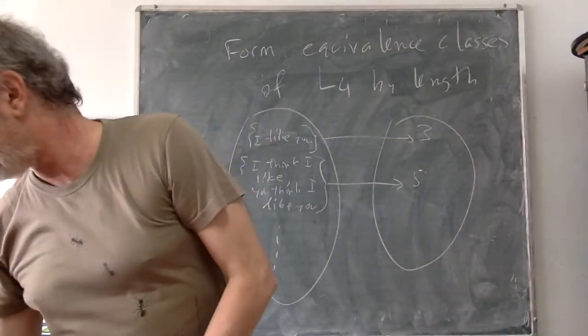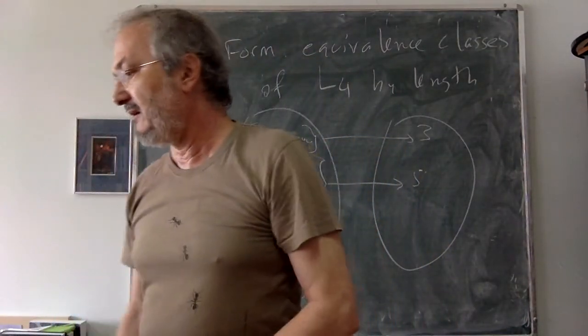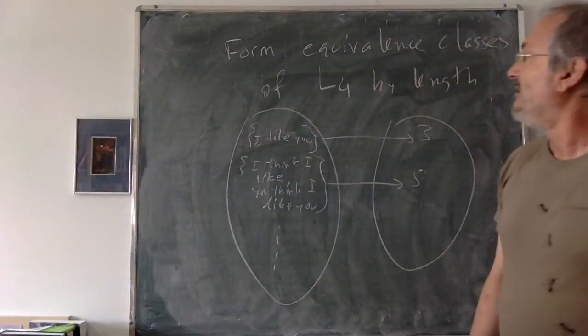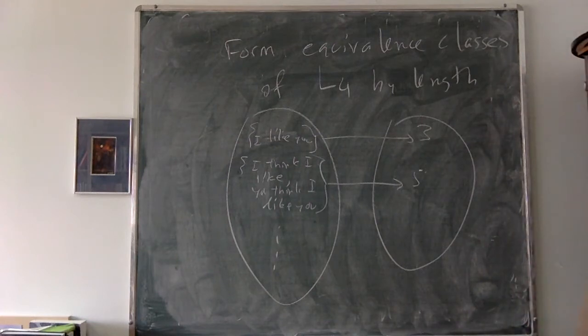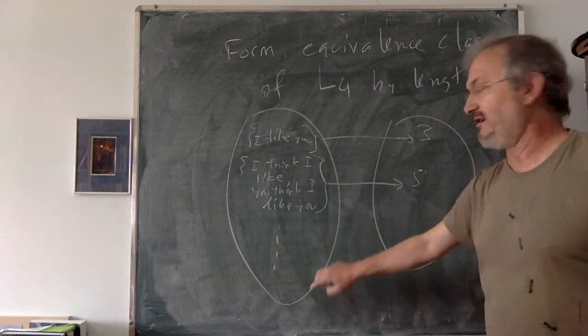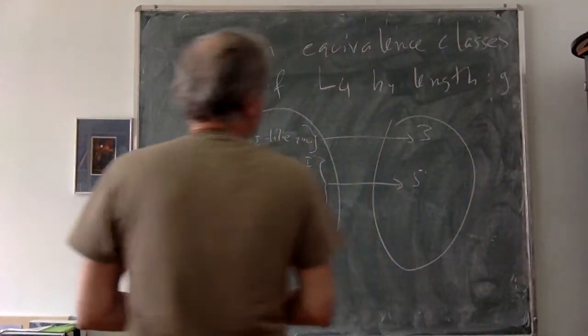Okay. Let's call this G. The equivalence class is called G. Okay. So members of G are essentially this one, that one, and others like length 7 and so on. Now we can do a mapping.